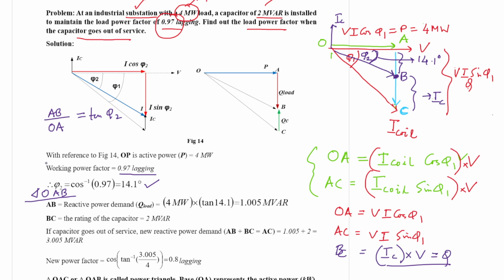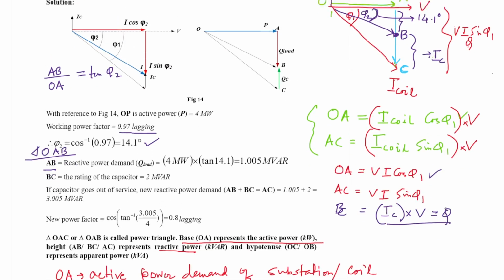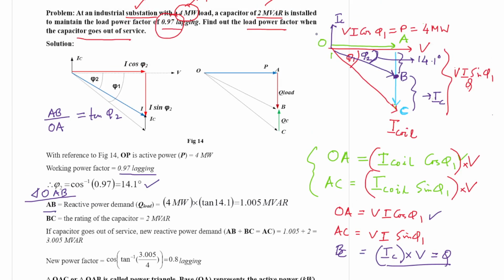So with that we can straight away calculate AB, that is the reactive power demand, which is equal to OA into tan phi 2. OA is 4 megawatt, that is the real power demand, 4 megawatt, into tan 14.1 degree, because this angle is 14.1.